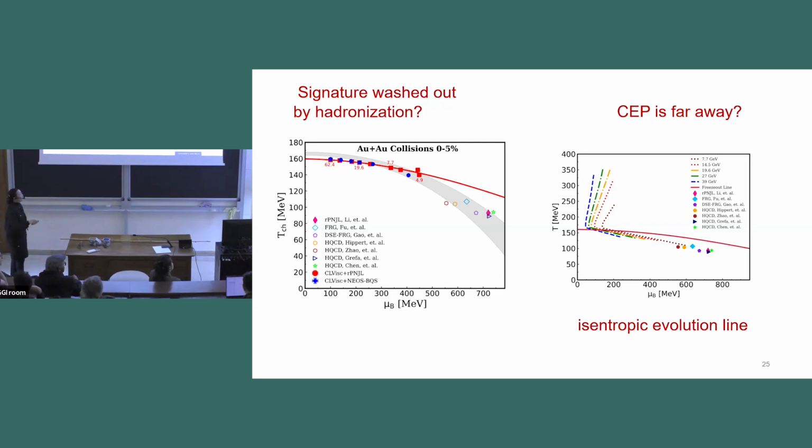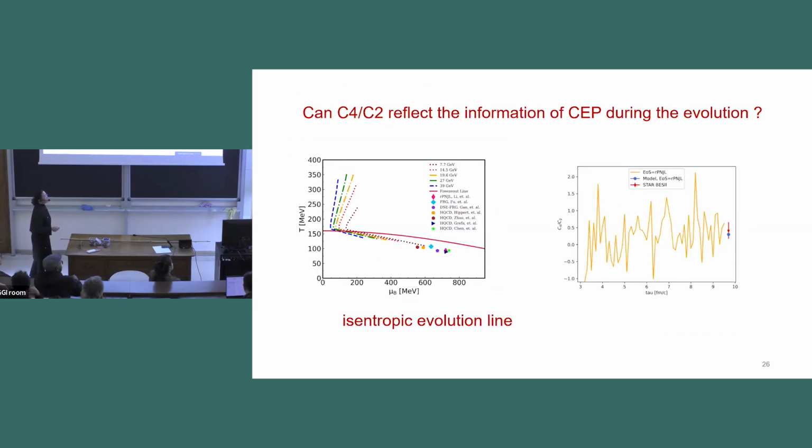So maybe if you have a signature, it will be washed out by hadronization. This might be another reason. But anyway, we didn't see this peak structure.